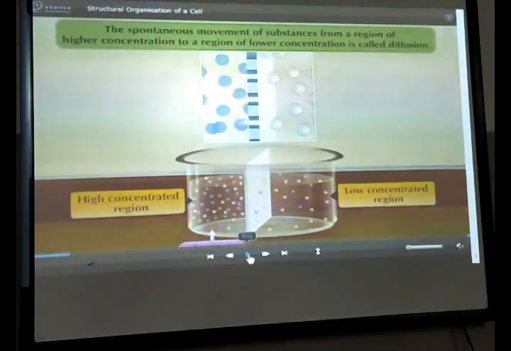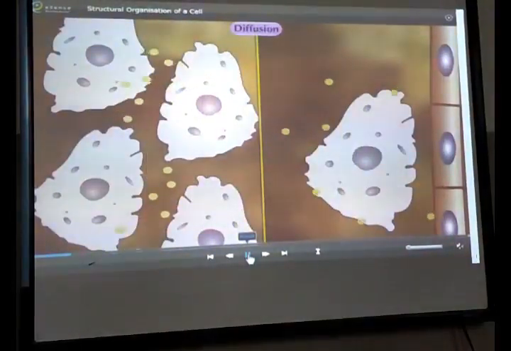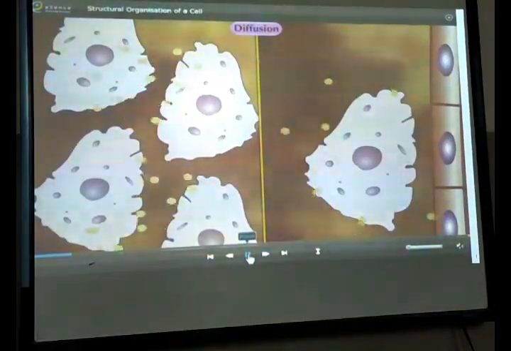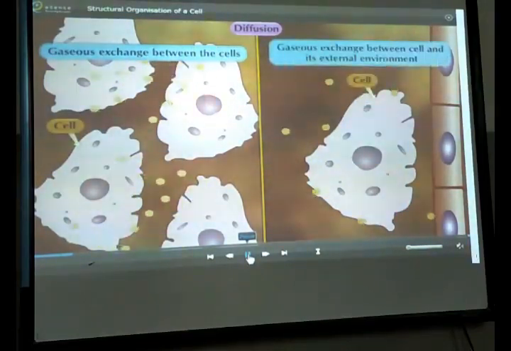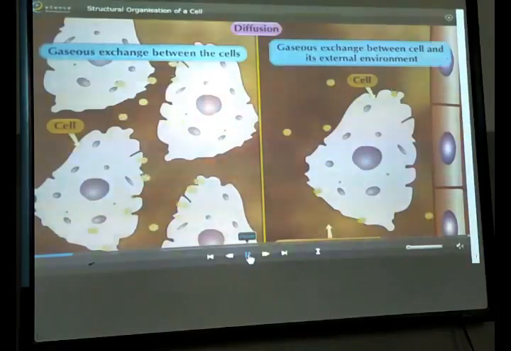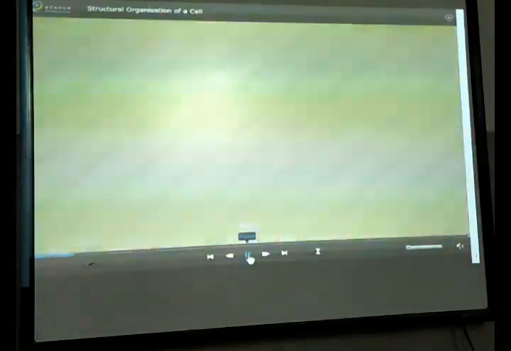So particles, we can understand here, are moving from the higher concentrated region to the lower concentrated region. So in our body, cellular functions are carried out through diffusion. Some gaseous exchange happens there between the cells.